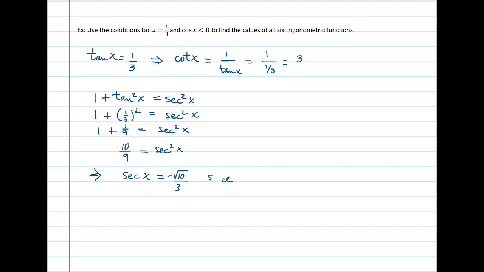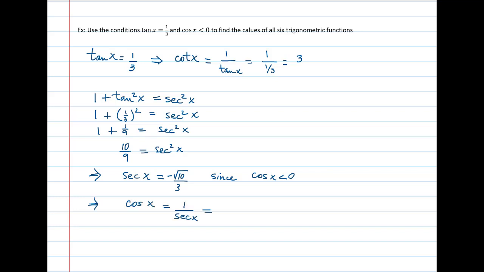And remember, this is negative here because we're given in the problem the cosine of x is less than 0. So since the tangent is positive and cosine is negative, this has to be in the second quadrant. So therefore, secant will also be negative, and that's why we added the negative there.